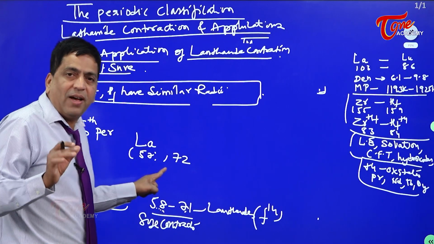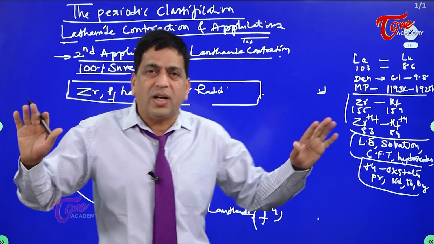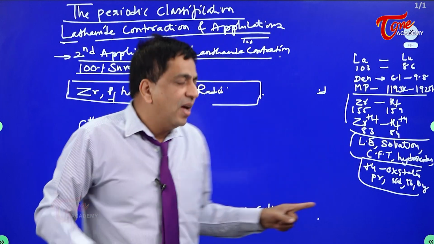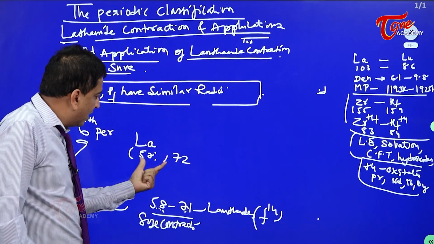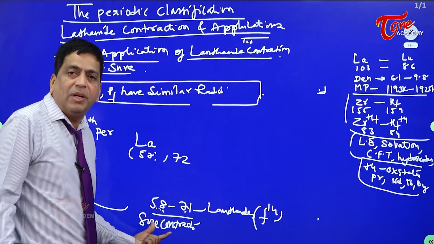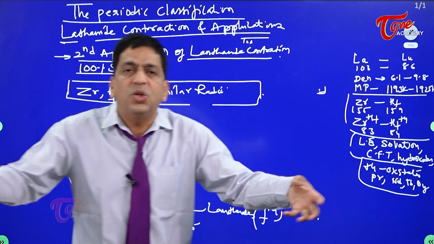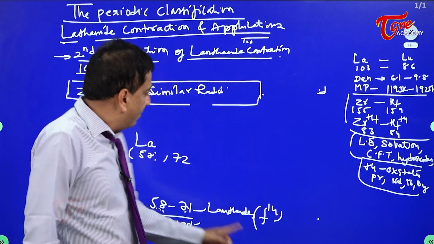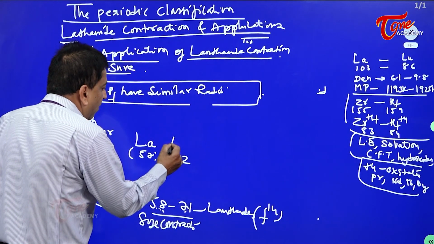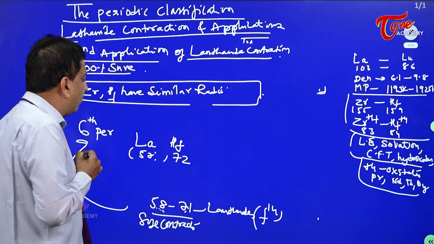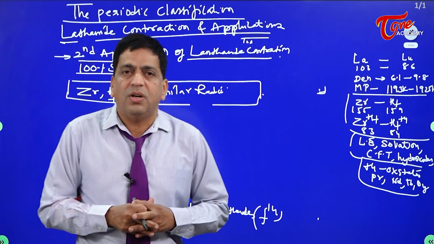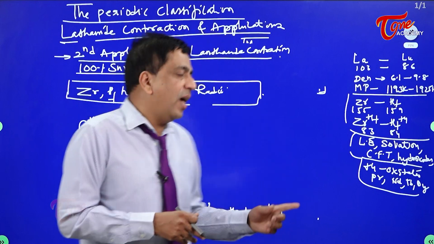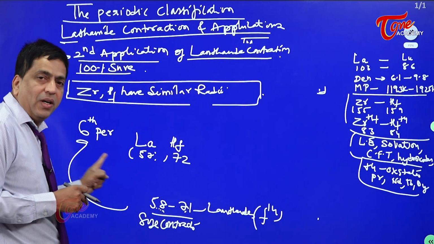After 57, you are supposed to have 58, 59, but the periodic table won't have it. After 57, you get 72. And where are the missing elements? They are placed at the bottom, and those are called lanthanides, where the size is contracting. And this 72 is hafnium, belonging to the sixth period.